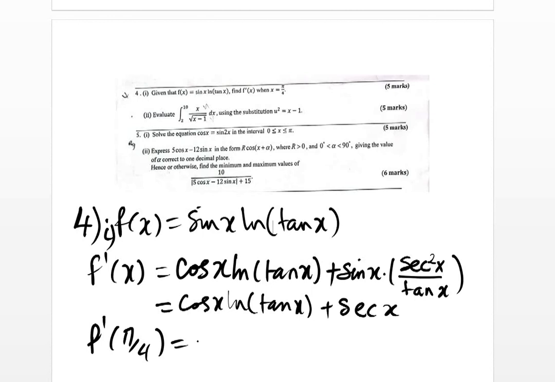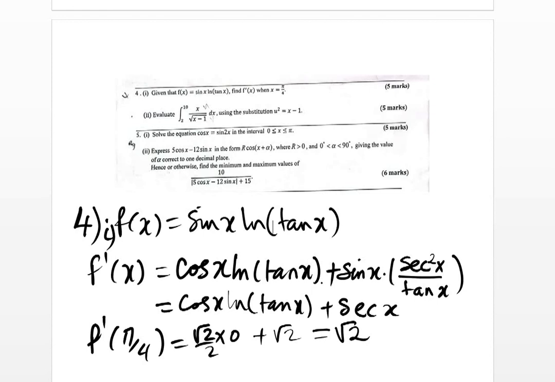Cos pi over 4 is root 2 over 2, and tan pi over 4 is 1, since tan 45 is 1, so ln 1 is 0, and that term gives 0. Plus sec pi over 4, which is root 2, because 1 over cos 45 is 1 over root 2 over 2, that is, 1 divided by 1 over root 2 is root 2. So our answer to this question is root 2.